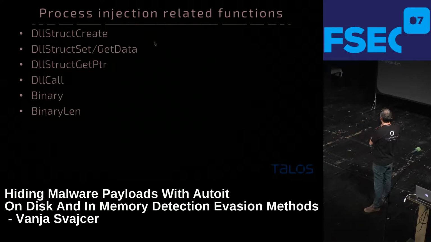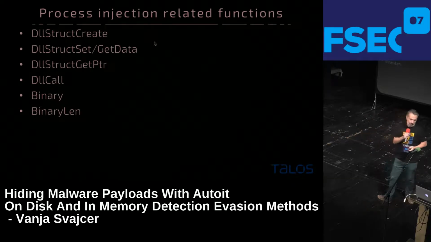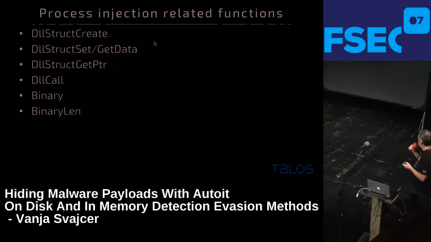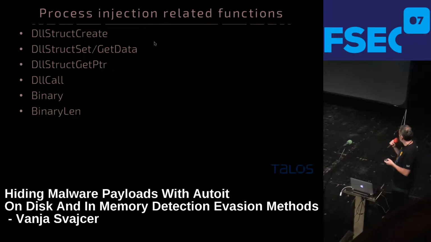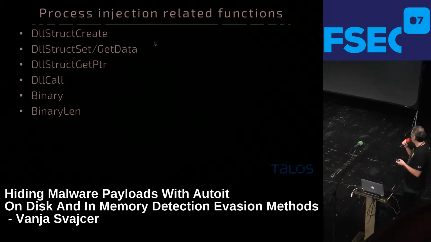Using the structure set and get data, you change the data of the structure, and you get the pointer of the structure using the call. At the end, DLLCall is the most important one, and basically starts running the process injection, or the shellcode that does the actual decryption. So those are the classic Autoit calls that are used by the malware.